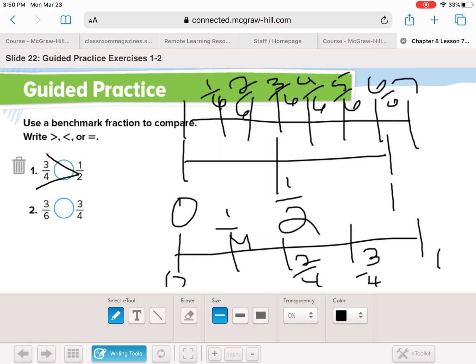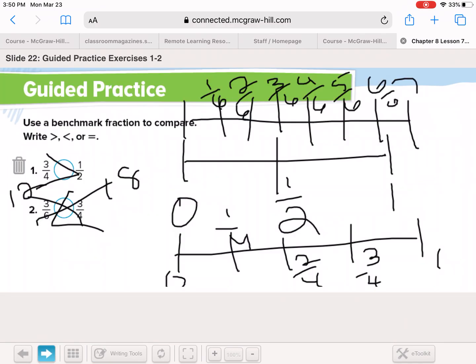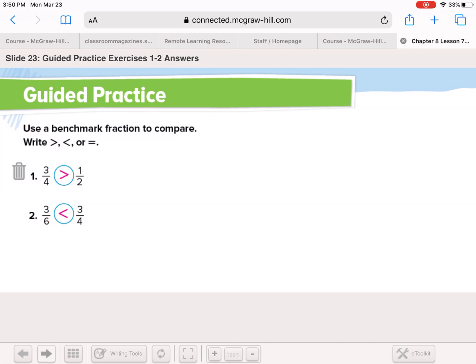Okay, so which one's bigger? If I cross multiplied, I could find that out pretty easy. So I would say 3/6 is less than 3/4. And I'm going to cross multiply just to be sure. And I was right. Mrs. Orlovsky always yells at me when I tell you to cross multiply.